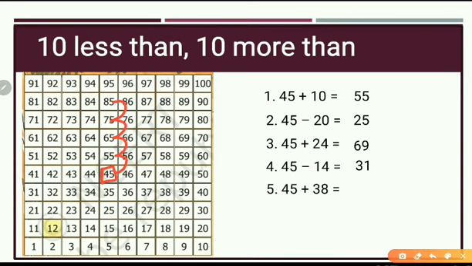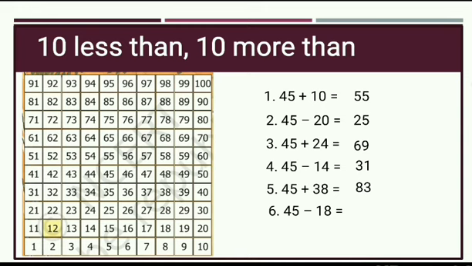So after adding 40, we will go backward 2 places. So when we reached 85 and we go backward 2 places, where did we reach? We reached 83. So the answer for this will be 83.